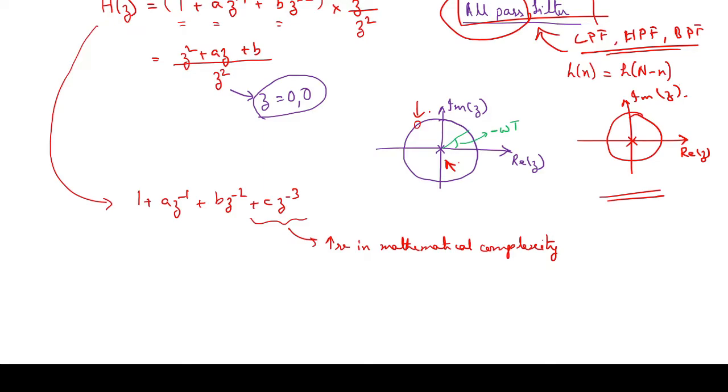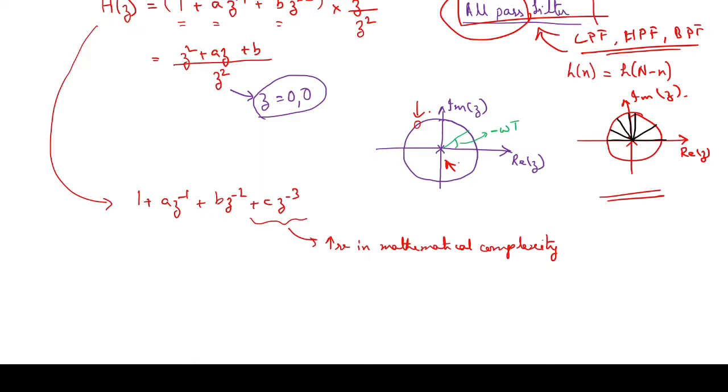If you see the distance of this pole, what is this? Everything is one, right? So that means all the frequency.